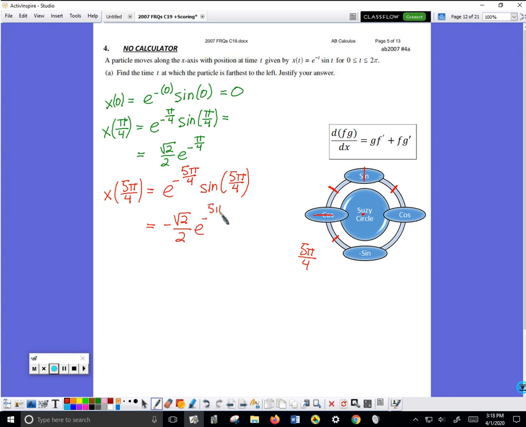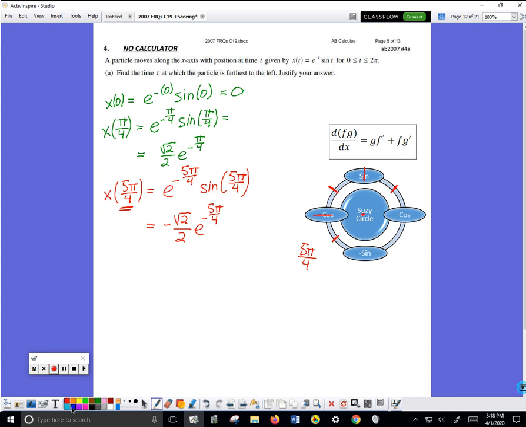Again, e to any exponent is a positive number, so this is positive, multiplied by this is a negative number. So far I know that the lowest value of x, the time when the particle is most left, is 5 pi over 4, because that's when my position is some negative number. At the other two candidates, my position was 0 and a positive number.